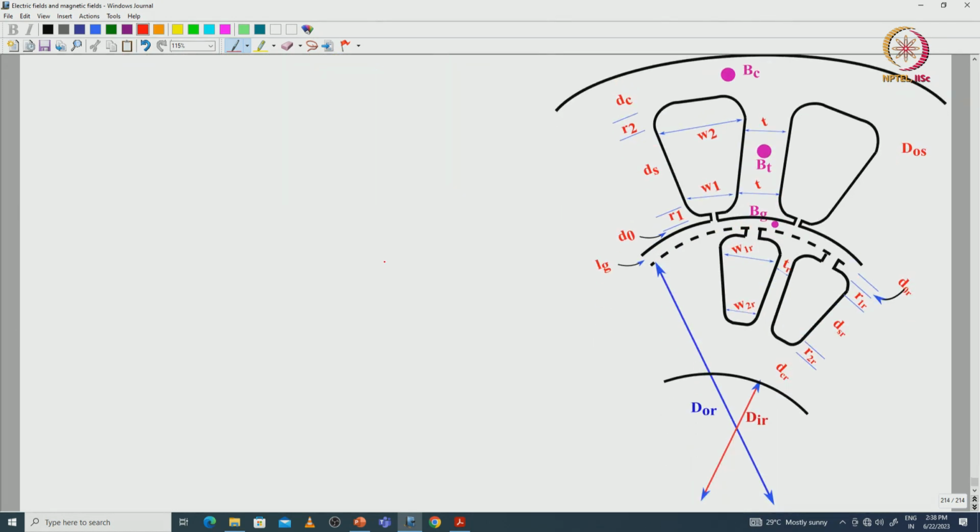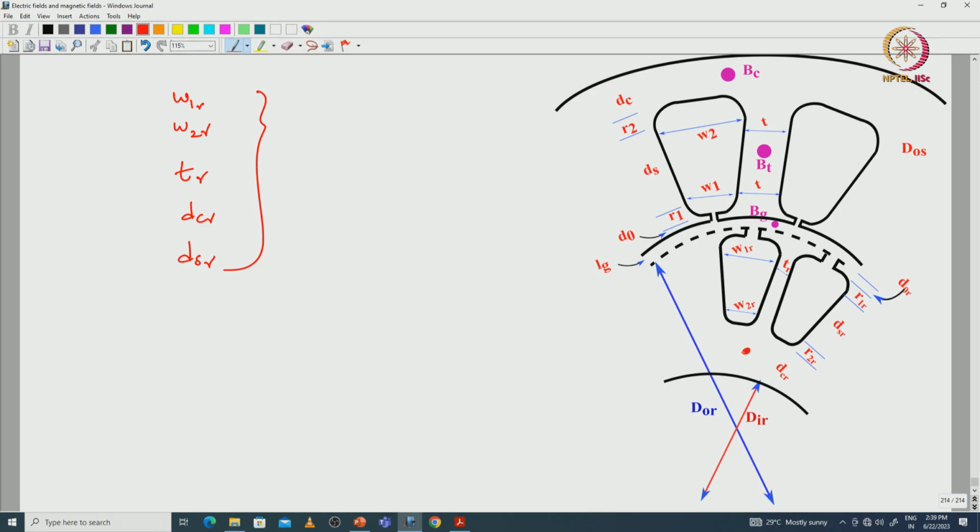Next, in order to find the width of the rotor slots W1R and W2R, teeth width TR, back iron width DCR and slot depth DSR, we have to analyze the flux densities at the different parts of the iron.